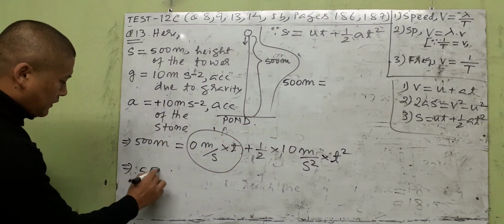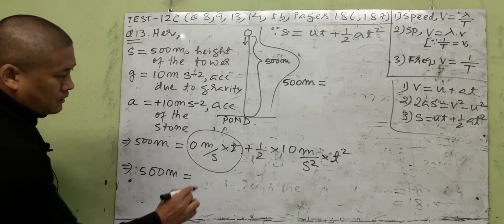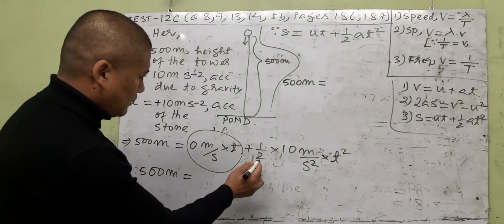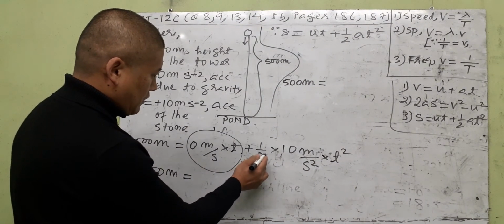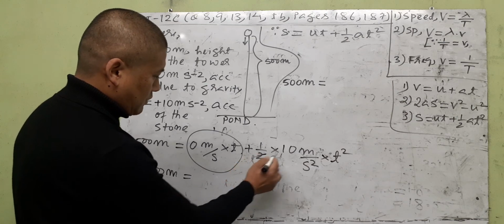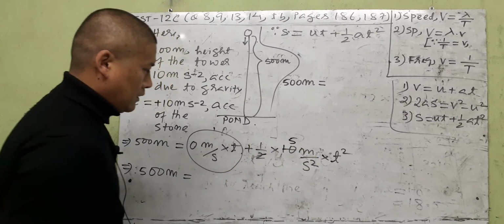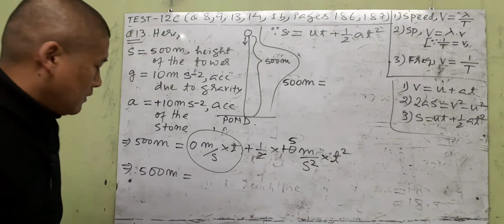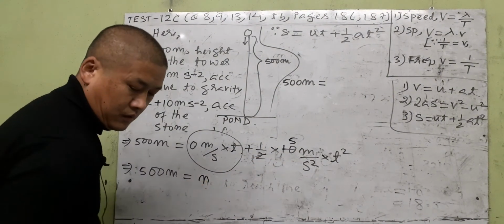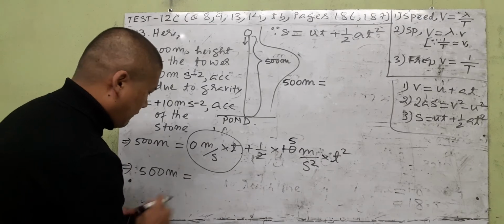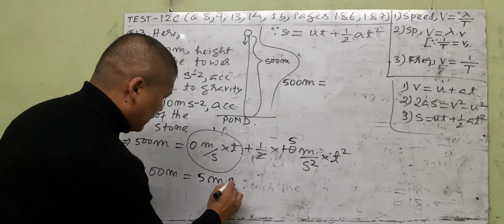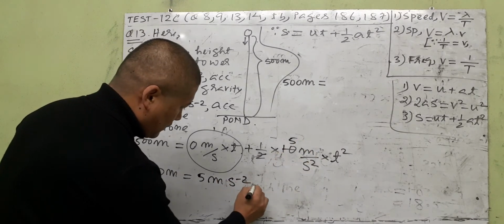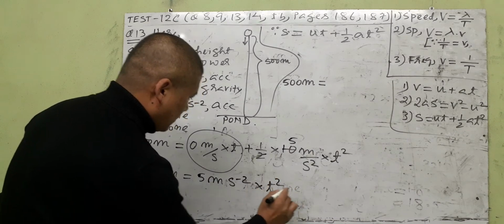So we're going to get here 500 meter is equal to, and then we can cancel out this one. 2 1s are 2, 2 5s are 10. So we get a situation where this is 5 meter per second square into t square.